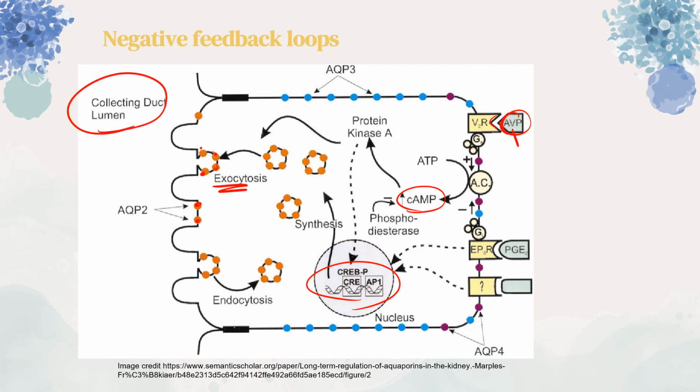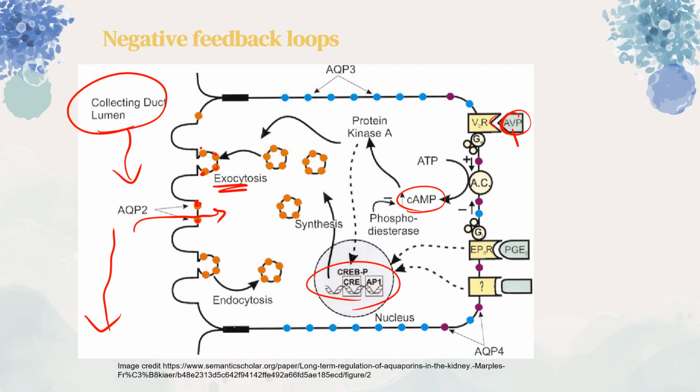Again, this is the lumen, so this is where the filtrate is moving. The aquaporins here will collect more water, pull it into the cells so that it's not lost in the urine. But if I'm drinking lots and lots of water, I don't need all those aquaporins pulling the water back into my body.